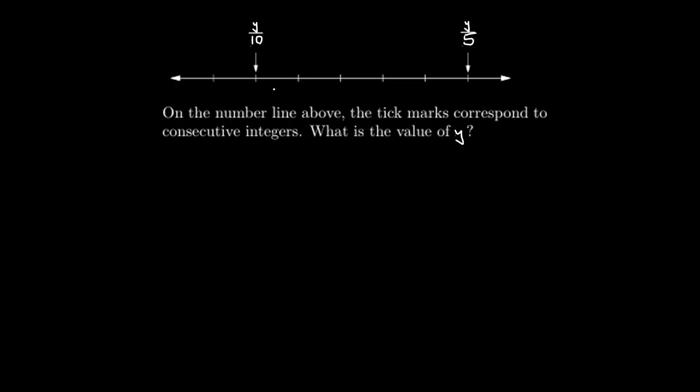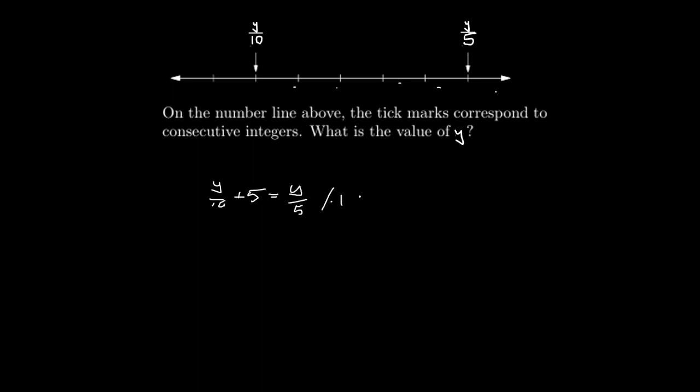So the difference between these is 1, 2, 3, 4, 5. So y over 10 would be 5 less than y over 5. So y over 10 plus 5 would be equal to y over 5.